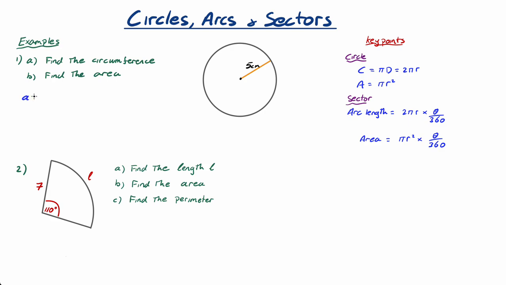So circumference, and I've put the formula here. The circumference, the formula is pi d, pi times diameter, or 2 pi r, which is essentially the same thing. So I'm going to use 2 pi r. So C is equal to 2 times pi times r, which is 5, which is equal to 10 pi.